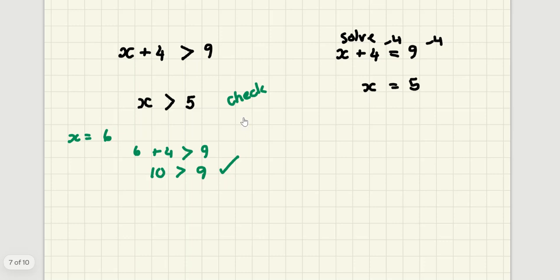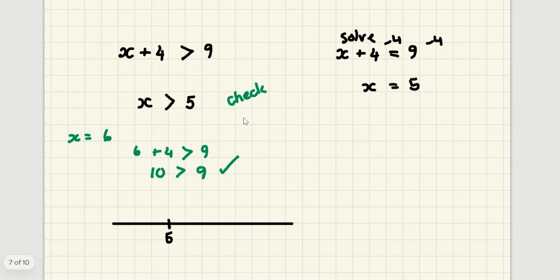So how would I draw this on a number line? All we need to do with a number line is put the number. I'm going to put a 5. Actually, I did it the wrong way round, so I'm going to put it this way round.